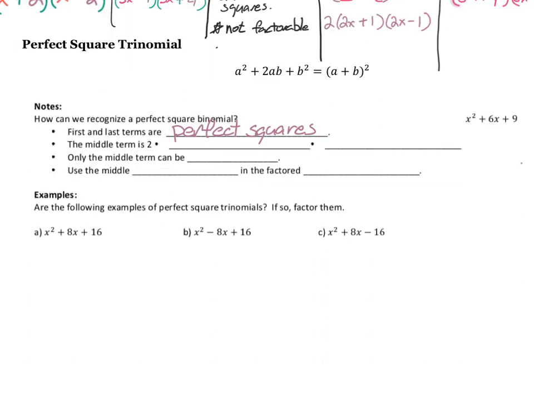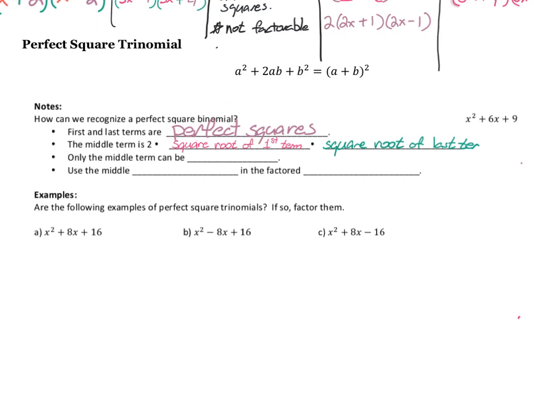You're going to see that the first and the last term are perfect squares. So in our example over here, x squared is a perfect square and 9 is a perfect square. The middle term is 2 times the square root of the first term times the square root of the last term. So in this example to the right, we would want to check that the middle term is 2 times the square root of the first term and the last term.